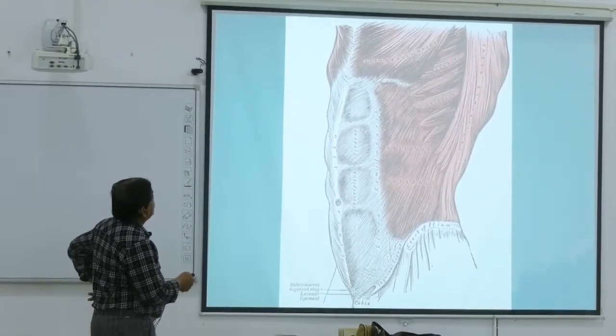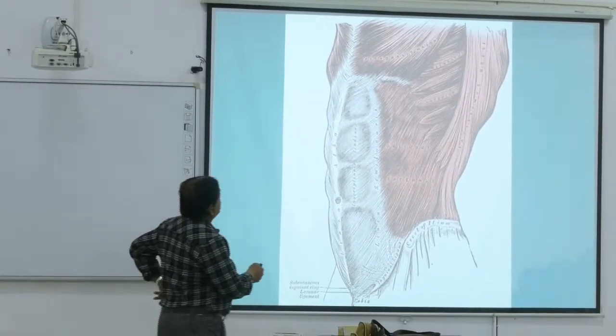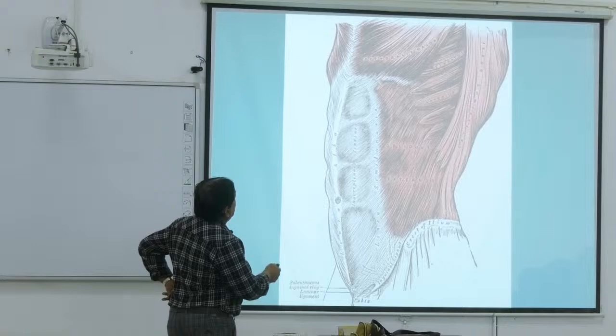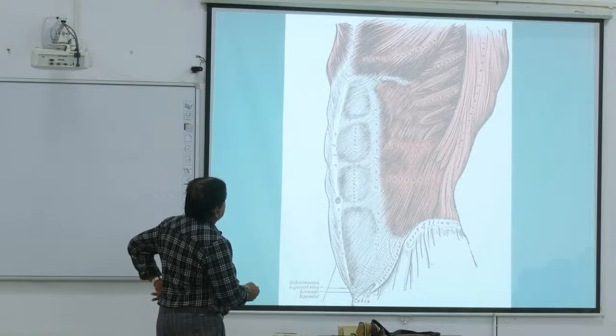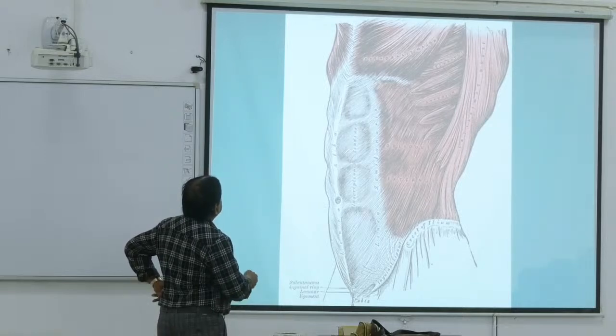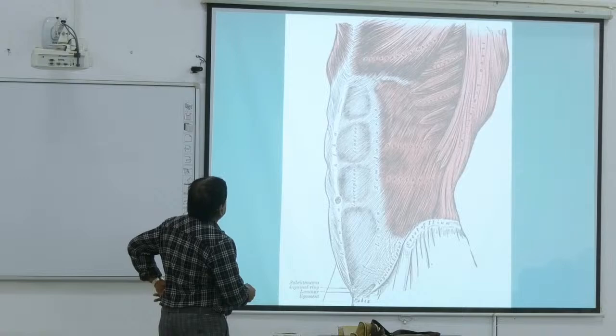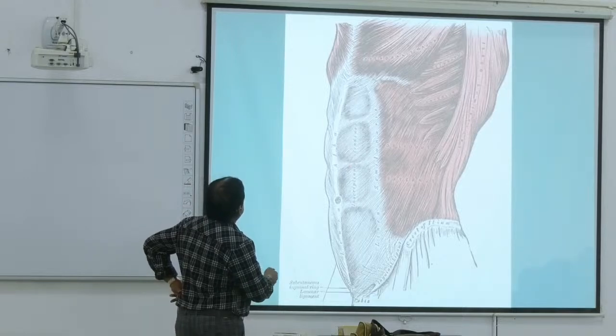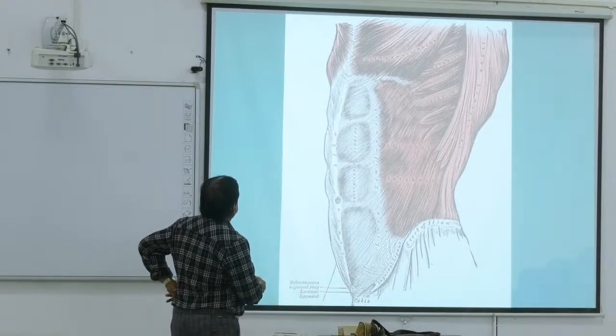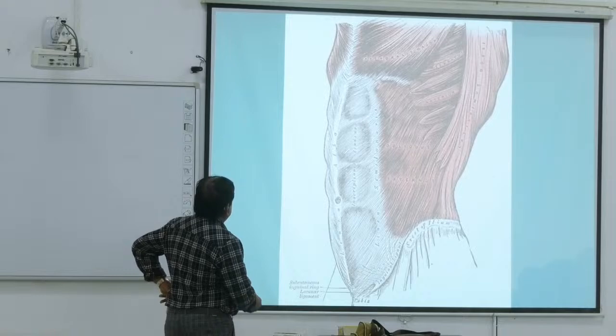See the muscles. This is the pectoralis major, this is the serratus, and you can see the latissimus dorsi, obliquus externus, and linea alba here. And these are the muscles with the tendinous intersections and linea alba here.